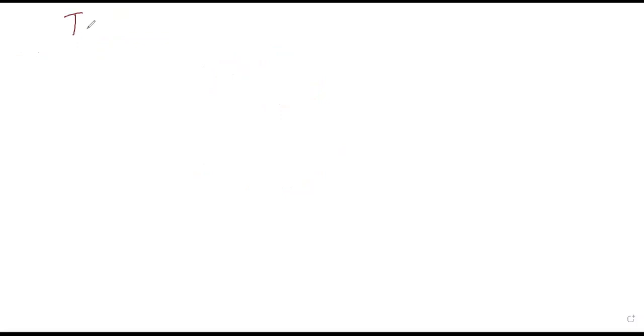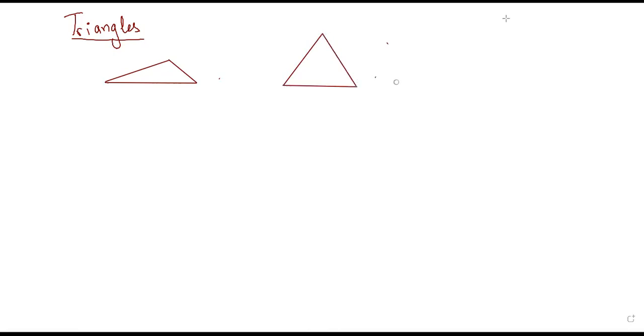So let's talk about triangles now. Let me make the 3 types of triangles we have. Okay, let me just connect these 2 sides. Okay, this is the first type. This is the second type.